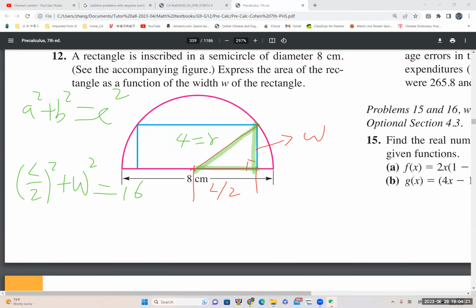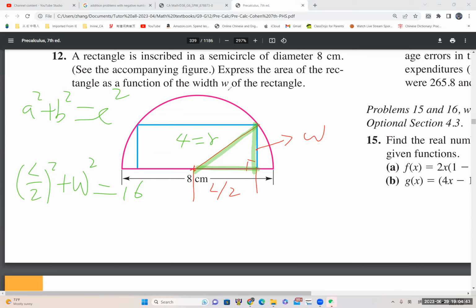That gives the area of the rectangle as a function of width. W will stay as the variable, so we want to use this to express L as a function of W.